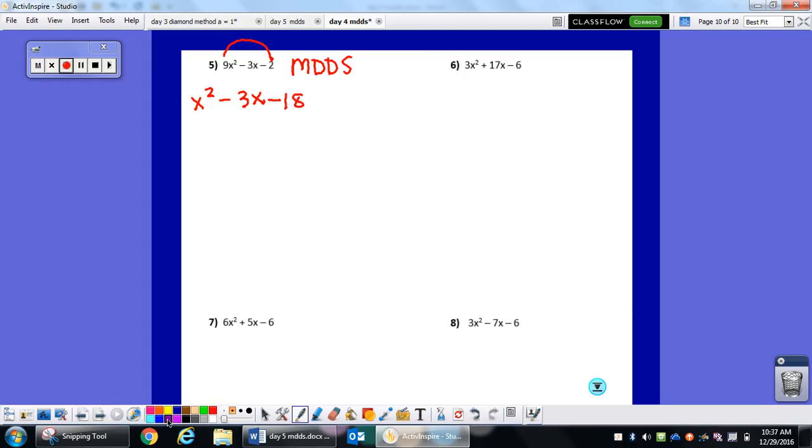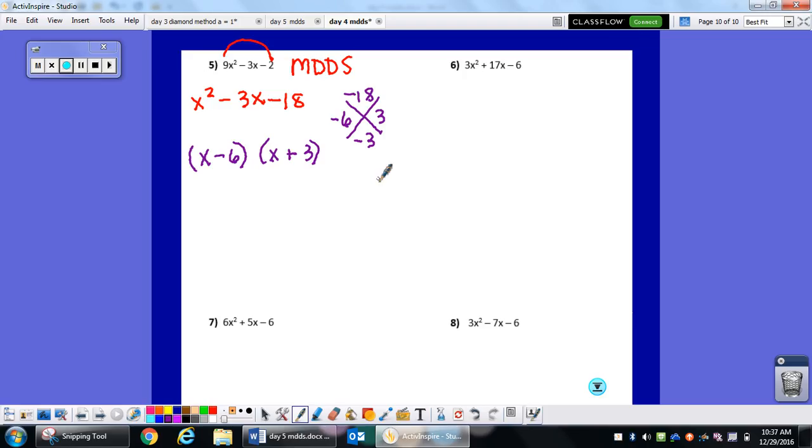And then you're going to apply the diamond method to that. So we want to multiply to negative 18. We need to add to negative 3. So those two factors would be negative 6 and positive 3. So now I'm going to come over here and write x minus 6, x plus 3.